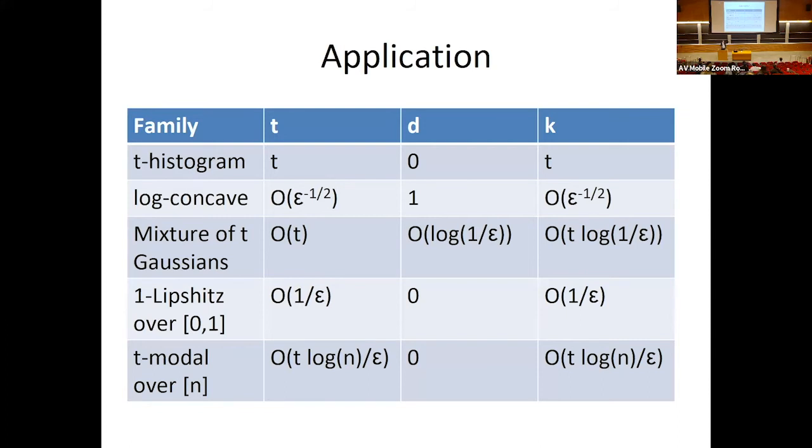Mixtures of Gaussians, well, a Gaussian you can Taylor expand about the middle, and you can approximate by a log 1 over epsilon degree polynomial, and then you just need to sum those up. Lipschitz functions you can approximate by piecewise constant functions. T-modal distributions can be approximated by piecewise constant. And so for each of these families, you can find a value of K such that 2 things in the family, the TV distance and AK distance, differ by at most epsilon.